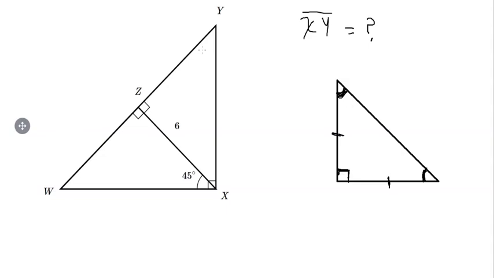So if this is a right triangle and this is 90 degrees, then what angle will this be? How many degrees? Correct, 45 degrees. Why is it 45 degrees?